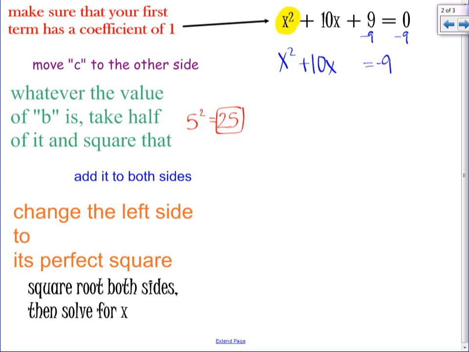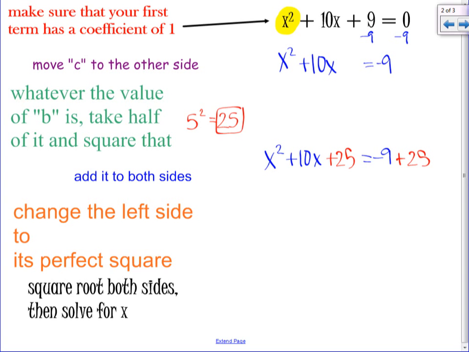Okay, so we're going to take x squared plus 10x plus 25 plus 25. Now on the left-hand side, we have something that can be factored. Okay, so you imagine your x right here. I'm not going to draw it.